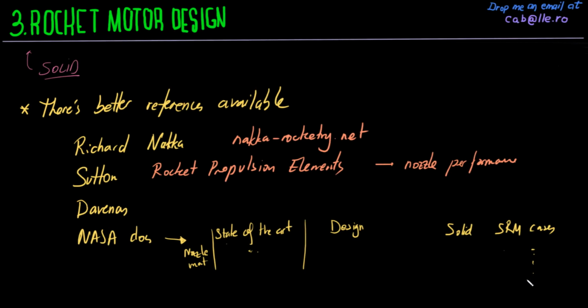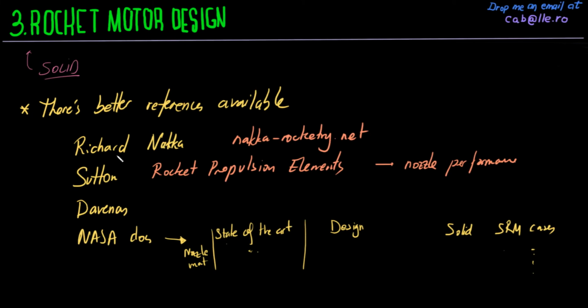So yeah, I definitely recommend starting maybe with these videos or Richard Nacker. It's a really nice way to start. It isn't too long, very easy to follow, even at entry level, having no idea what solid rocket motors are in general. So what I'll do is extend what Richard Nacker puts and Sutton.